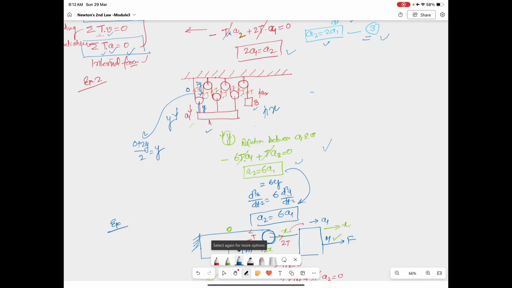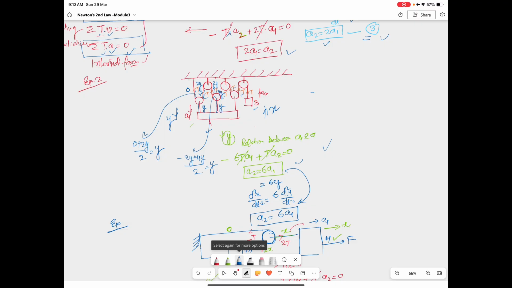Now if this string is coming down by 2y, this will go up by 2y. If this is going up by 2y and the mass is coming down only by a distance y, this will definitely, since it is going by 2y, come down by 4y. Then only it is minus 2y plus 4y by 2, which gives y.